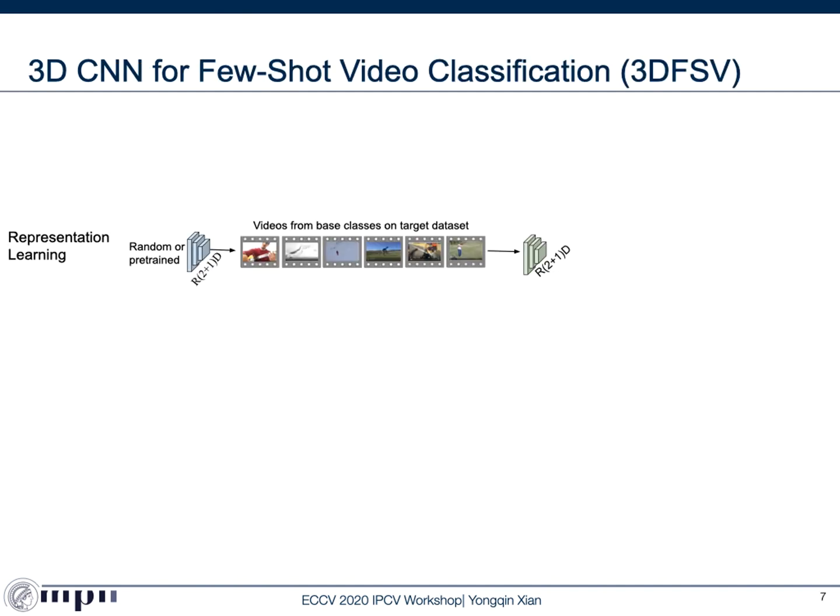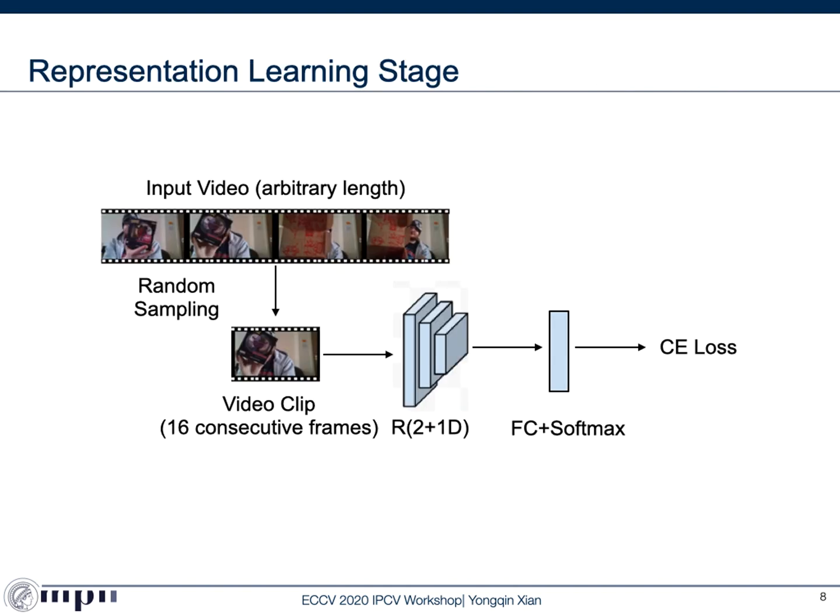Let's first look at our simple two-stage baseline called 3D FSV, 3D ConvNet for few-shot video classification. The first stage is representation learning, where we fine-tune a pre-trained R(2+1)D on base classes of the target dataset. More specifically, the R(2+1)D takes as input a short video clip with 16 consecutive frames, which are randomly sampled from a training video with arbitrary length.